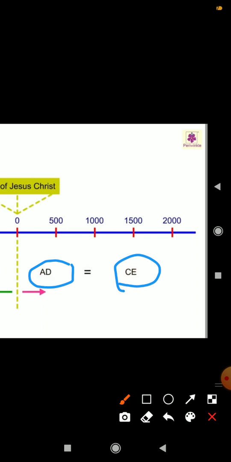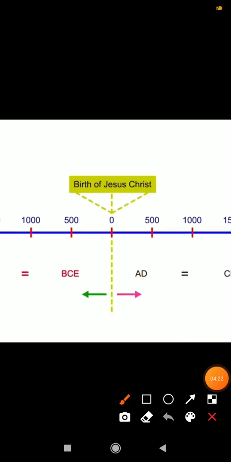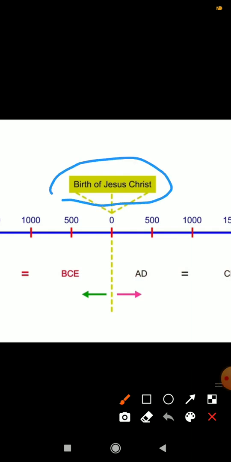This type of counting of events came from Europe. The historians used the event of the birth of Jesus Christ as the reference date or the beginning of the calendar.